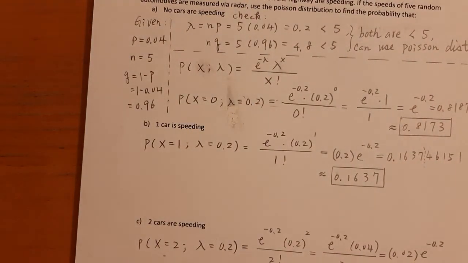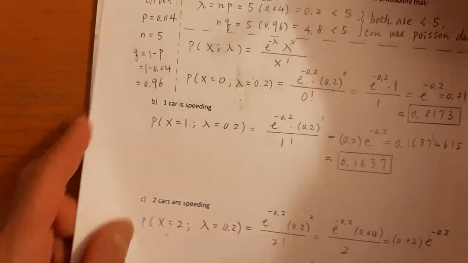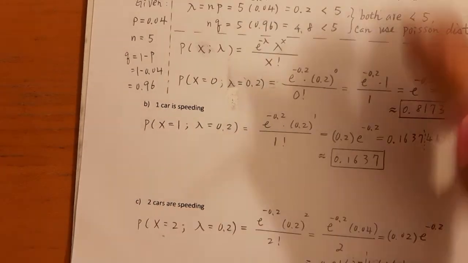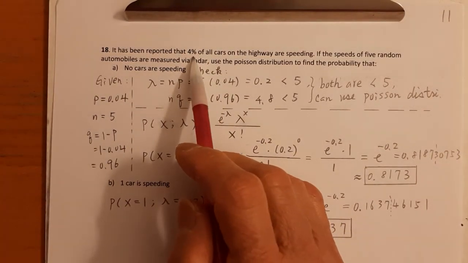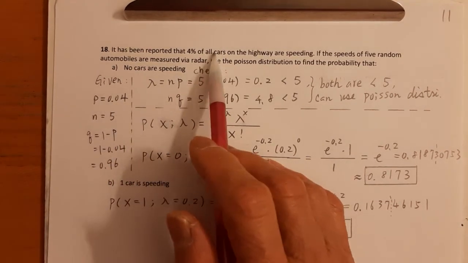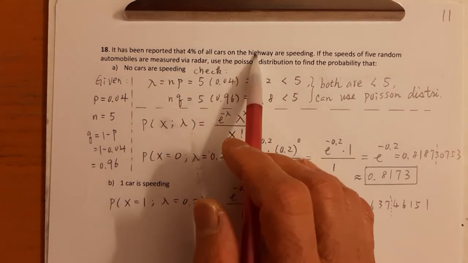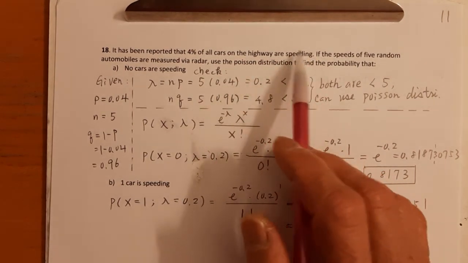The next one is question 18. It has been reported that 4%, so P equals 0.04, of all cars on the highway are speeding.